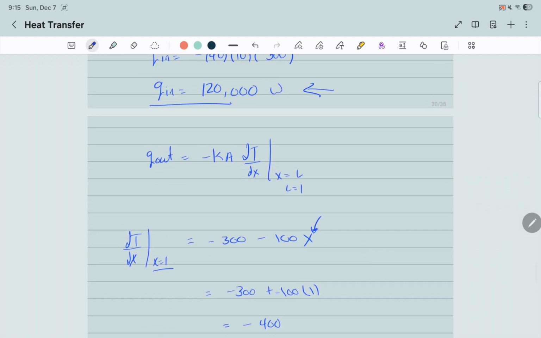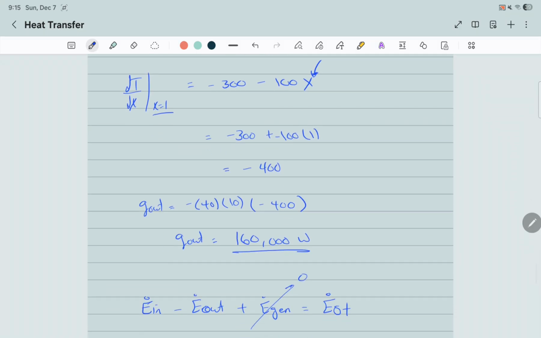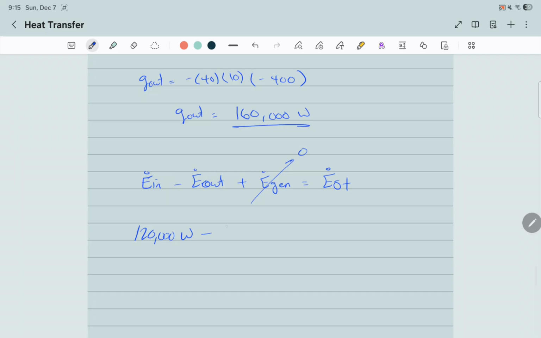That's your heat flowing in, minus heat flowing out, which is 160,000 watts, will equal energy stored. Therefore, energy stored is negative 40,000 watts.